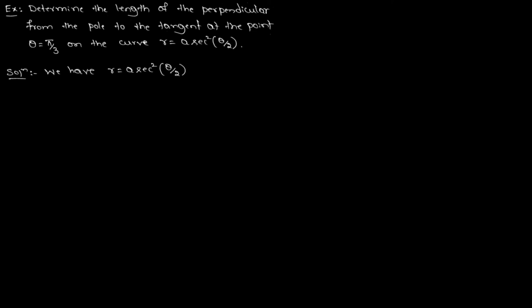We have r is equal to a secant square theta by 2. First we need to find the value of phi, and we all know how to find it. Let us follow the procedure. Apply log on both sides. The RHS, log of mn, can be written as log m plus log n, that is log a plus log of secant square theta by 2.